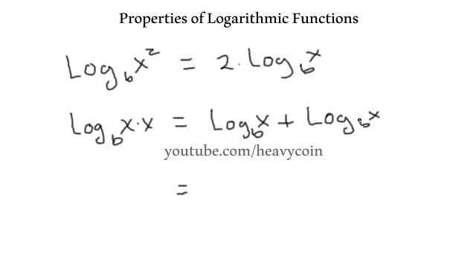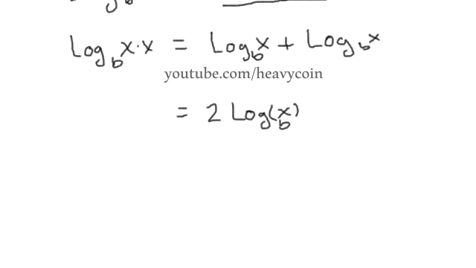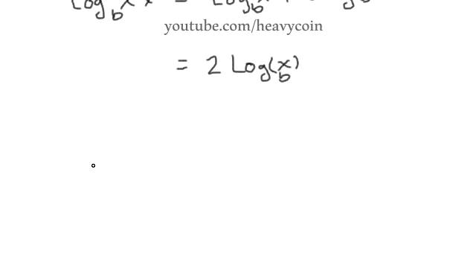And of course this can be rewritten, because they're both the same, as 2 log base b of x. It's a whole lot easier just to do it this way: we take the power and bring it out front. Alright, let's look at some more examples.